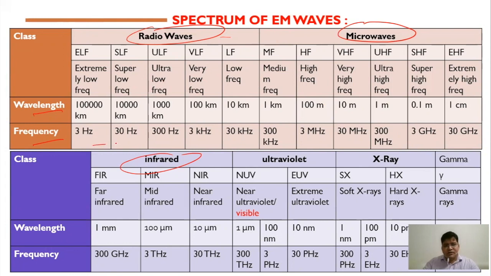The frequency is increasing in this direction, and the hazard is also increasing in this direction. You can say this end is less hazardous, and gamma rays are the most hazardous to living things, because the frequency is very, very high for these waves.